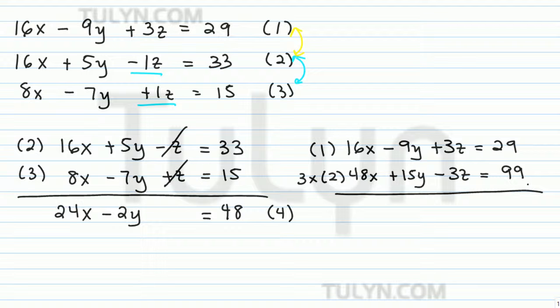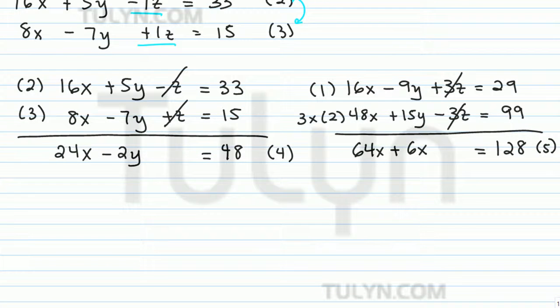So adding these two together, 64x here plus 6y, right? And then the 3z's cancel out, and then finally what we're left with is 99 plus 29, which is going to equal 128. So we're getting some pretty big coefficients here, but it beats the pants out of decimals, which is what we started with.